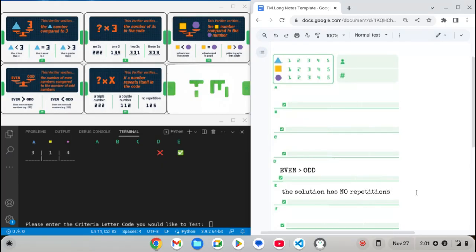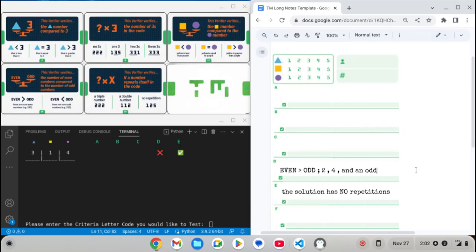And since it has no repetitions, together with the result of criteria card D, we can conclude that because we have a majority of evens, and they're unique, we are looking for a solution that includes a 2, a 4, and an odd.